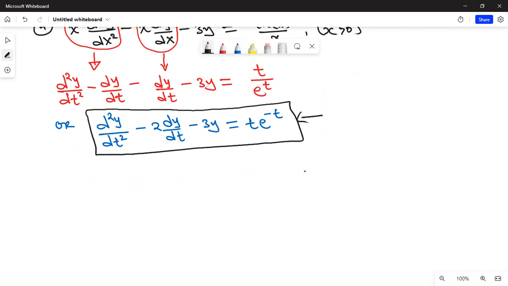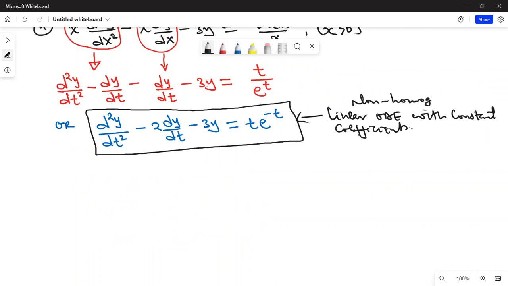This is a linear ODE with constant coefficients. Of course, it is non-homogeneous. To solve it, we have three methods.